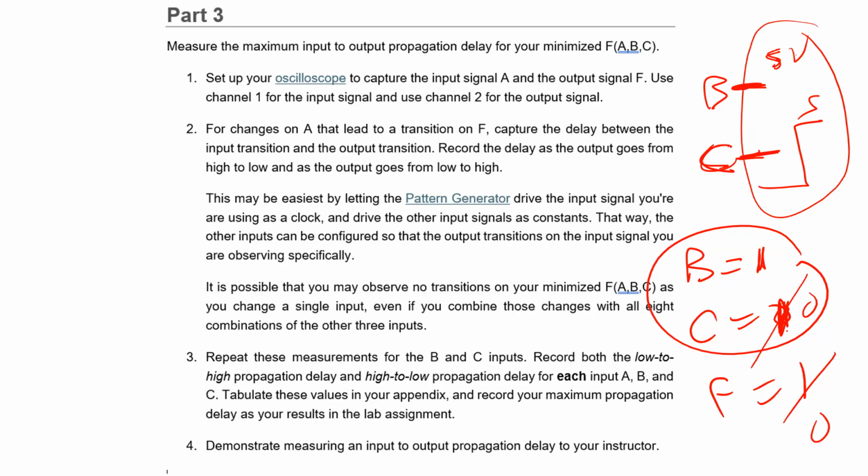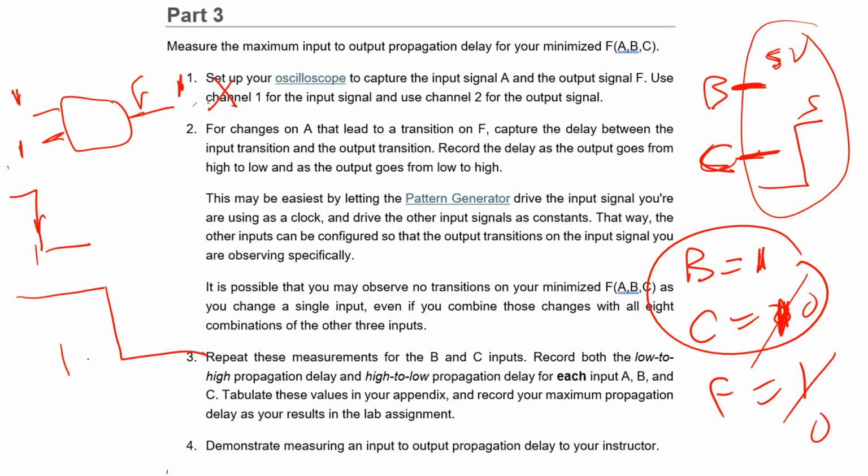So in this case, in order to measure the delay, I can put here at B, I put 1, at C, I put 1, F is 1, okay? And then I change this one from 1 to 0, and then I look at the output here. The output also has to change from high to low, and then I'm gonna see how much delay there is here. You got what I'm saying?